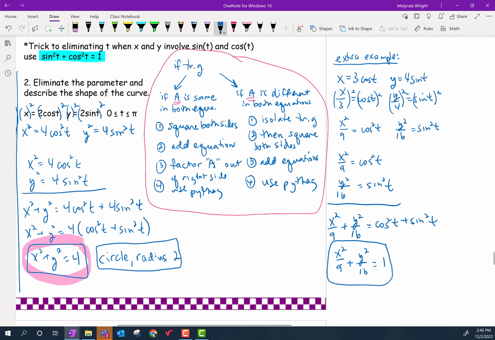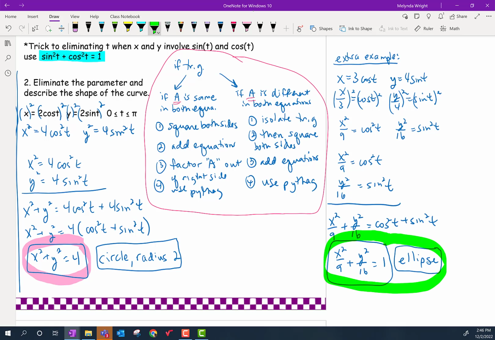This one over here is actually an ellipse. And we won't get into any details about the ellipse. I'm just going to call it an ellipse. So this one is an ellipse. And that's an ellipse, so let me add something to it. It's centered at 0.